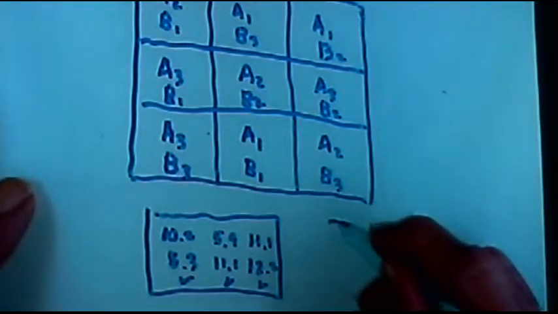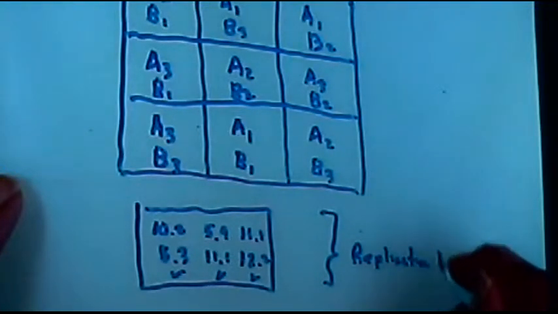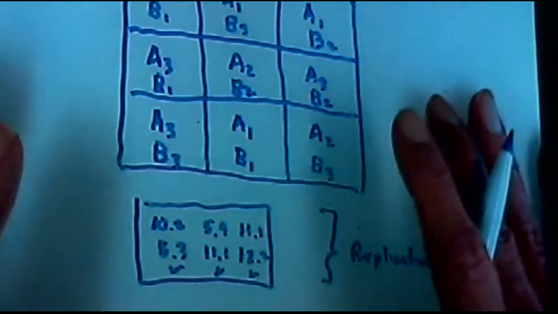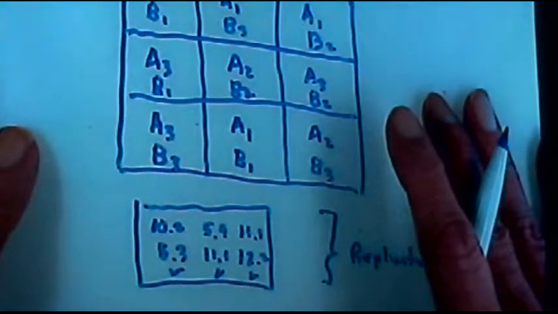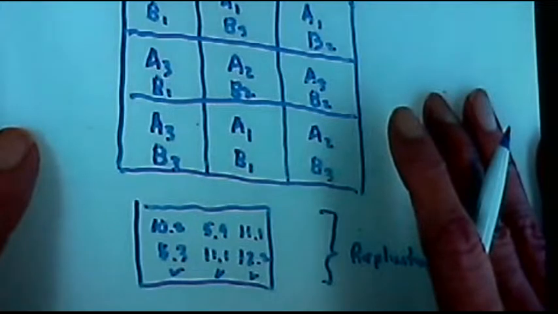Now, this could be, if you like, replication or block 1. And I could repeat this again with another plot of land, time and money permitting. So this is the idea anyway. Now, if I get data that looks like this, is it a nested design?